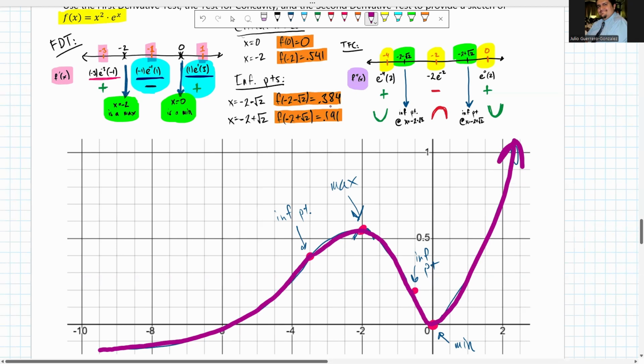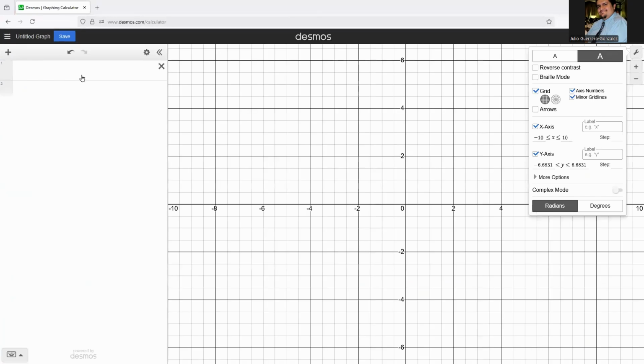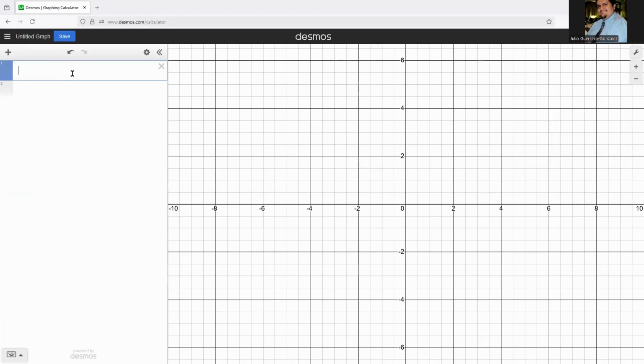Got it? Okay. So now the big reveal. I've got a guess, right? That purple line that I just put down, I'm thinking is what my graph is supposed to look like. Okay. So let's go to Desmos. f of x is equal to x squared e to the x.